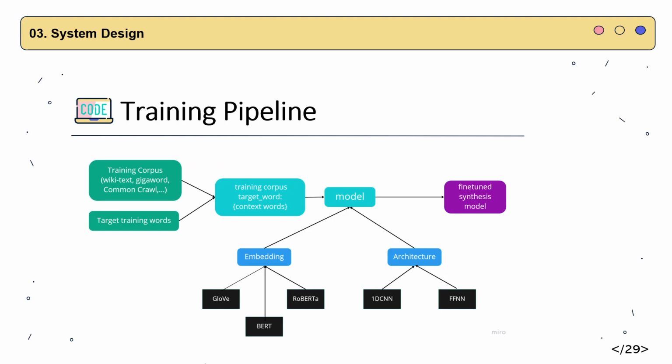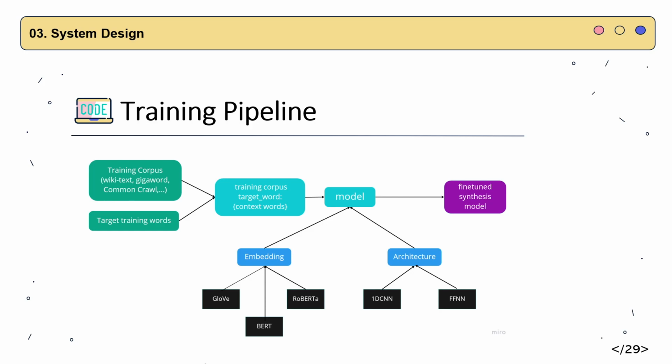So let me walk you through the training pipeline. Given an unknown word, we gather and define target training words that are semantically similar to this word, and we take a training corpus. In this case, it can be WikiText, Gigaword, and Common Crawl. We flip through this corpus to gather our training data in the form of target words followed by their context words. The model will take in an embedding, and in this case, it can be GloVe, BERT, or RoBERTa, and it can also have a different architecture, but in our case, we experimented with a feed-forward neural network.